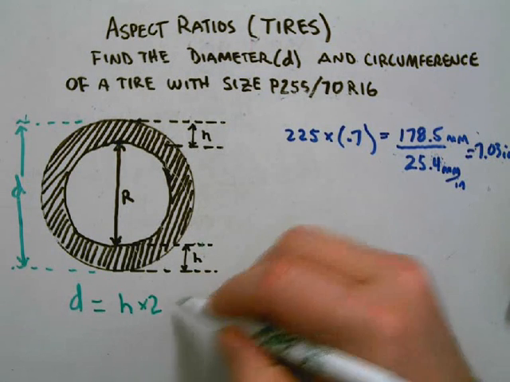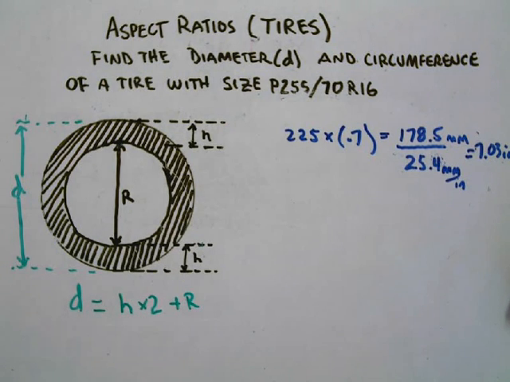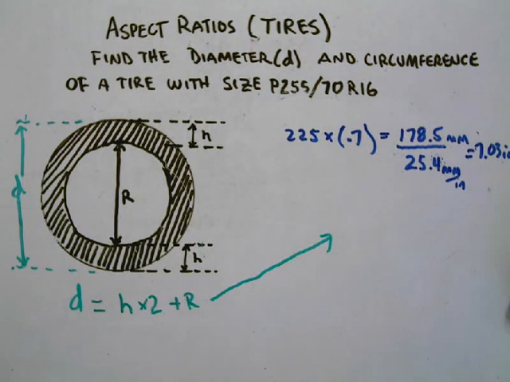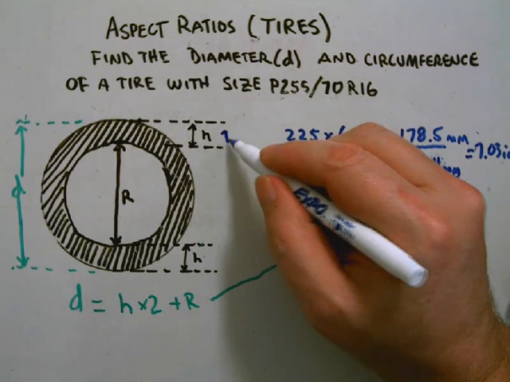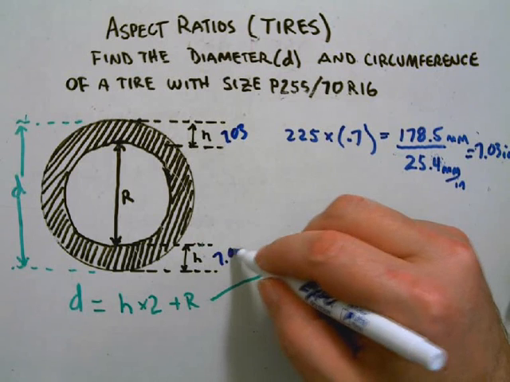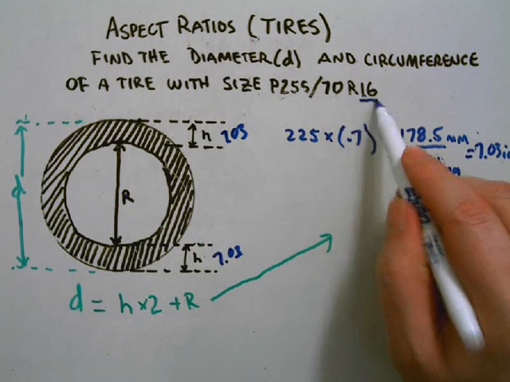And I'm going to put that right over here so you can see what I'm doing. Again, don't forget that we have 7.03 here and 7.03 here, and the R up here says it's 16, so it's 16 here, and we have to add all that up.